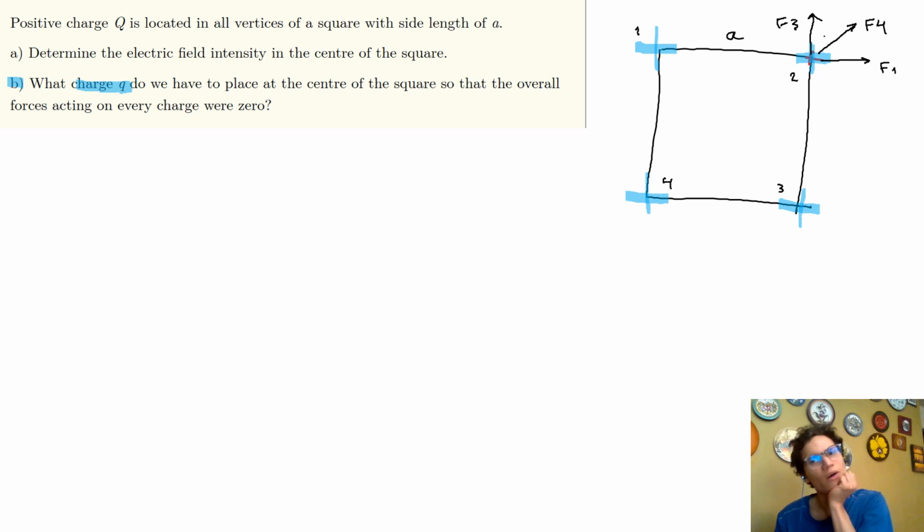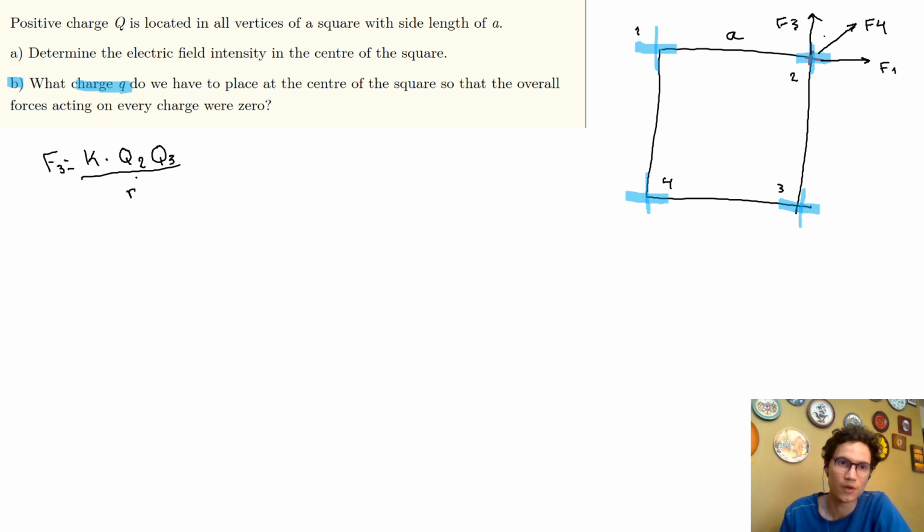So let's find out the sum of these forces. We can do that using Coulomb's law. We know that the force is equal to a constant K times the two charges. In this case, let's do it with force 3: charge 2 times charge 3 over the distance between each other squared.